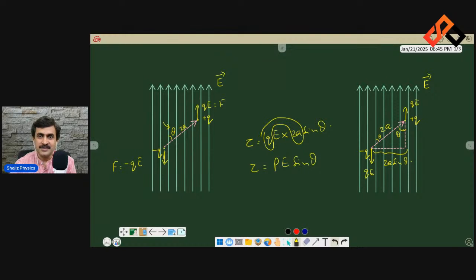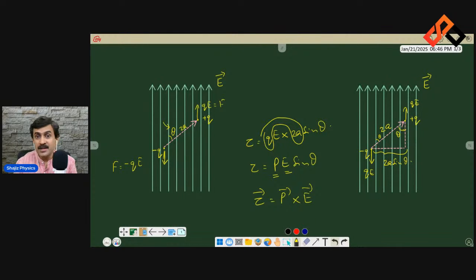Here, what are the vectors? One is the electric dipole moment. The second one is the electric field. Both are vectors. Okay, so we can rewrite this equation as torque is equal to p cross E, vectorially. This is the vector representation of this particular situation.